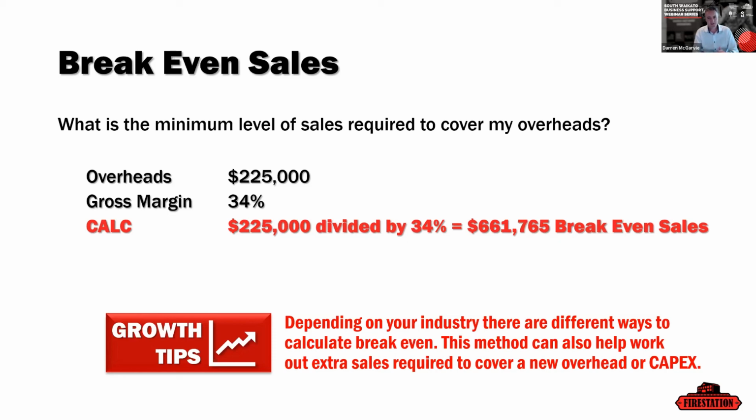Or again, you could do it at a business level. It's a really eye-opening exercise when you've never sat down and taken your overheads and divided them by your gross margin, which you have to make sure is accurate. You work out how much business you need, not just annually, but monthly, weekly, maybe even daily, just to keep the lights on.